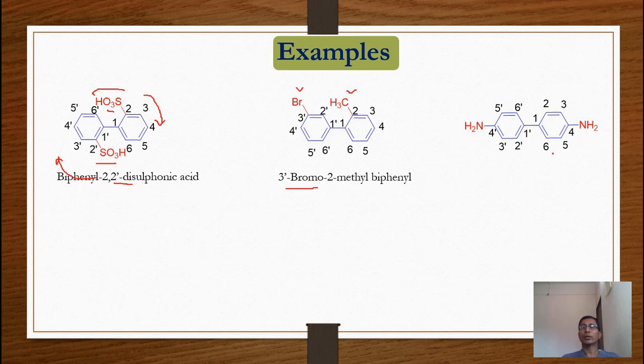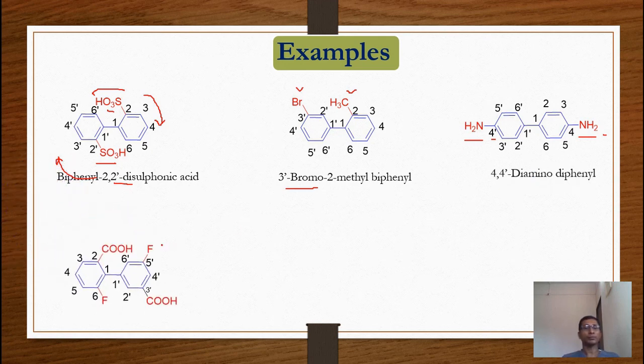In this molecule, two amino groups are present. In one ring, the amino group is attached at the 4 dash position, while in the other ring it is attached at the 4 position. Thus, the IUPAC name of this molecule is 4,4-diamino biphenyl.